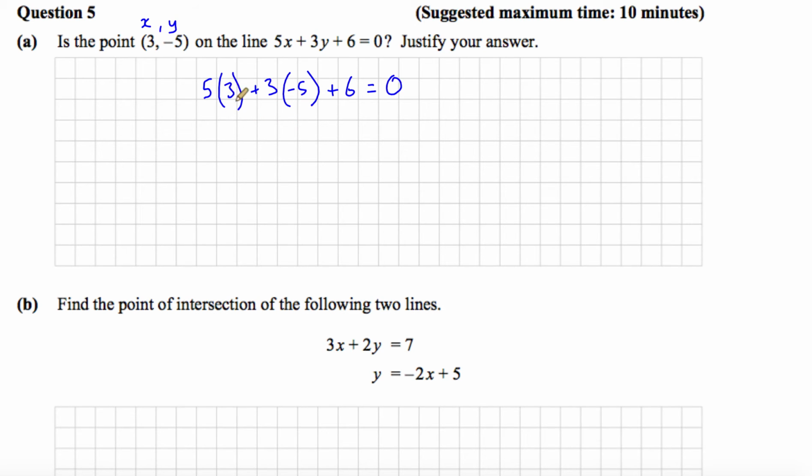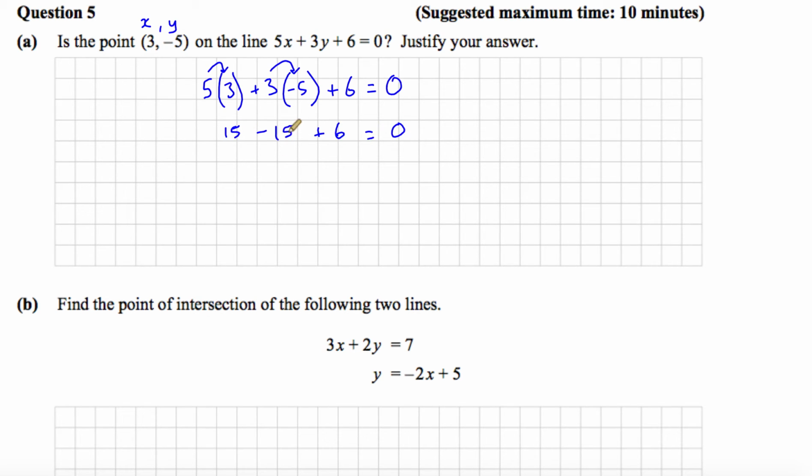So we have 5 by 3, which is 15, and then we have 3 by minus 5, well that's minus 15, you can do that in a calculator or in your head. Minus 15 and then plus 6, and we're seeing is that equal to 0.